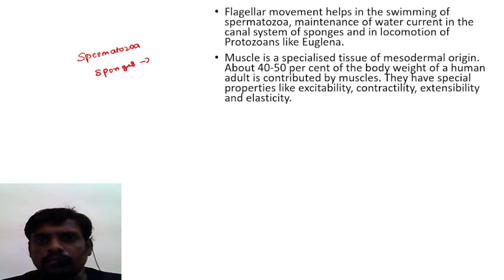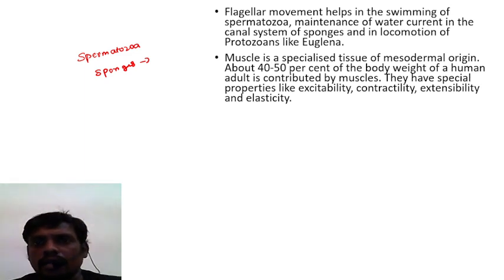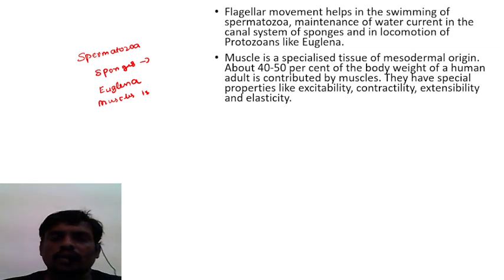This canal system helps in water current, the movement of water, and in locomotion of protozoans like Euglena it plays an important role. Now, muscle is a specialized tissue of mesodermal origin.